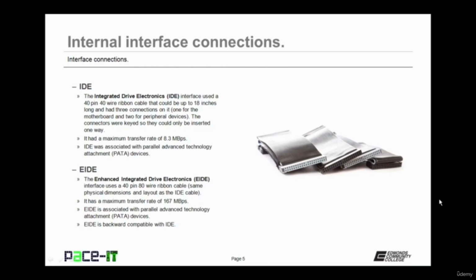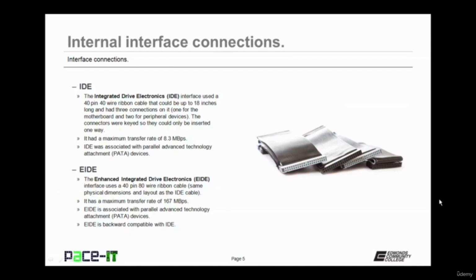So now let's move on to SATA, Serial Advanced Technology Attachment. Now this is the interface that is replacing the IDE-EIDE interface in today's motherboards. It uses a 7-wire, 7-pin cable that has an L shape. Now that L shape means that it's a keyed connector and it can only be installed one way.